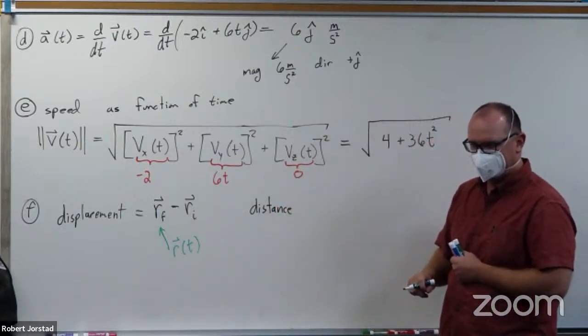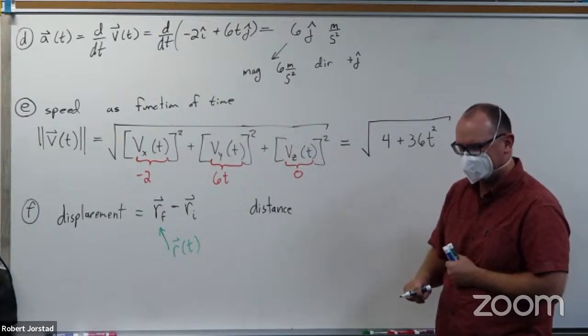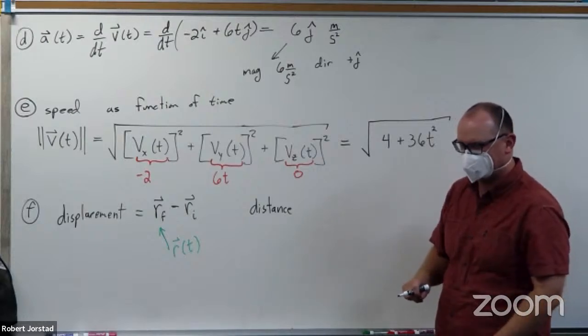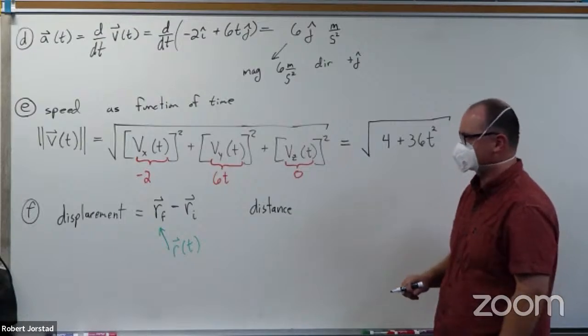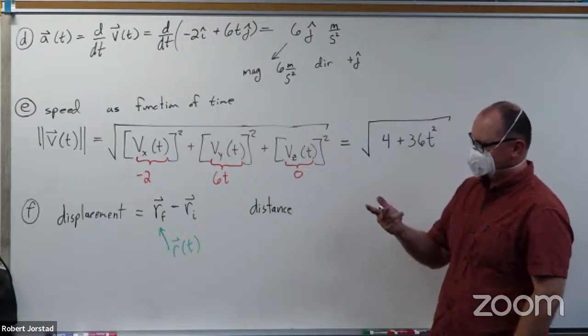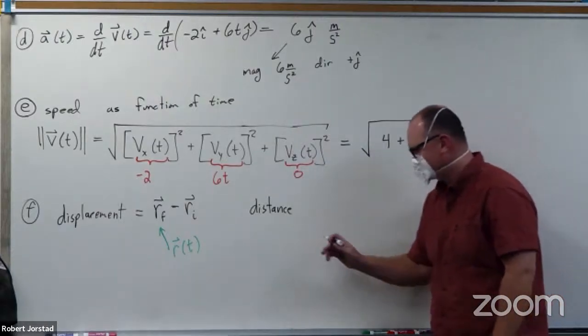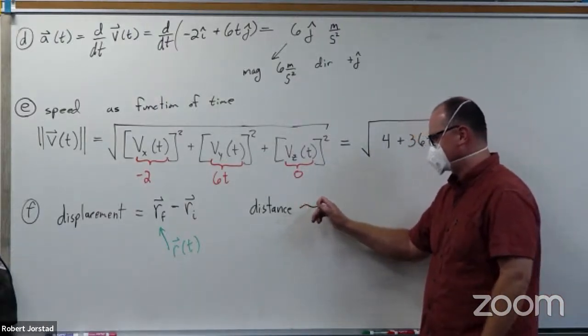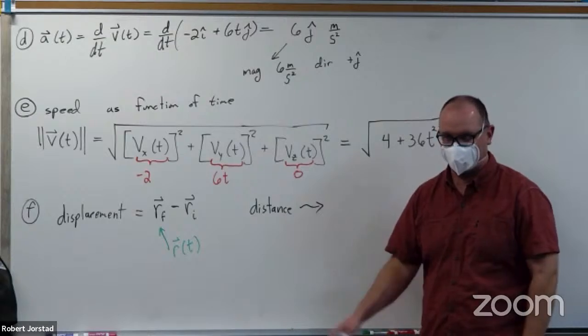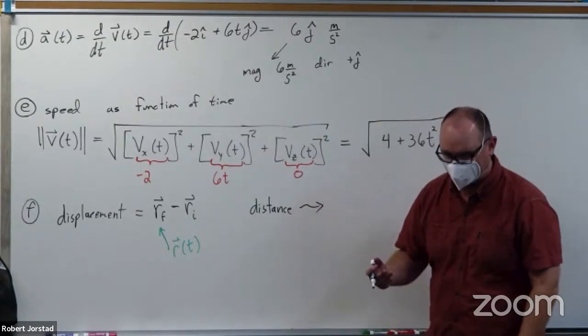I'll give you a hint. It's a compound word, two words. First word, three letters, starts with A. Second word, about 5 or 6 letters, starts with L. Calculus, how do you get the distance as you travel along the path?